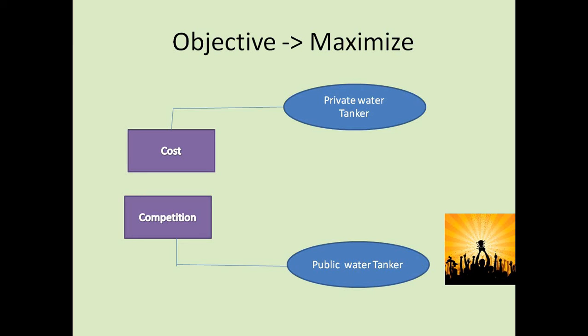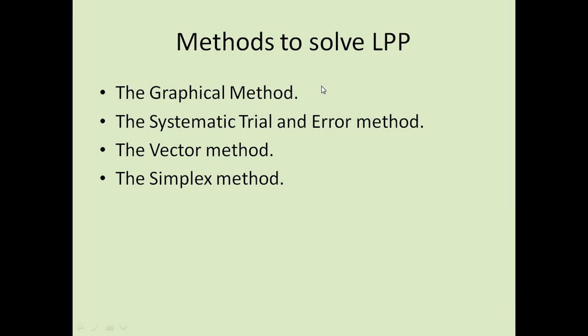And somebody who has got his tanker booked would be this kind of person. And what is the actual objective? What the private water tanker gets is, of course, the money. These are the results, this is the objective, and these are the two parameters covered here. Now let's move on to the methods to solve the linear programming problem.